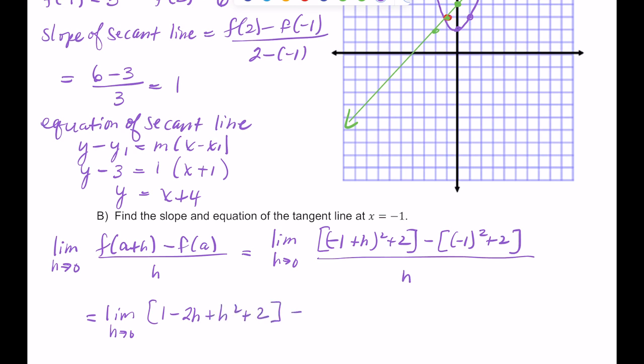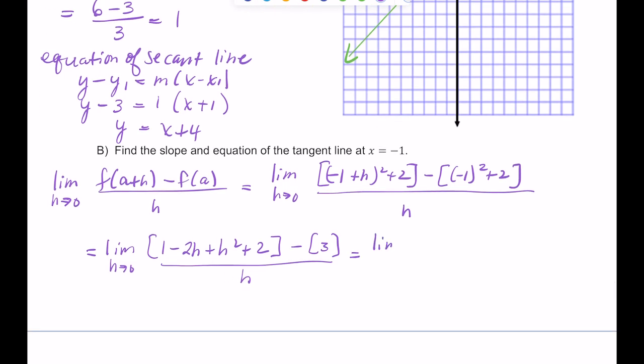And then we've got -1 squared, which is 1. 1 plus 2 is 3. Okay, so now I have the limit as h approaches 0. 1 plus 2 is 3, and 3 minus 3 is 0, so that goes away. And you're left with -2h plus h squared over h.